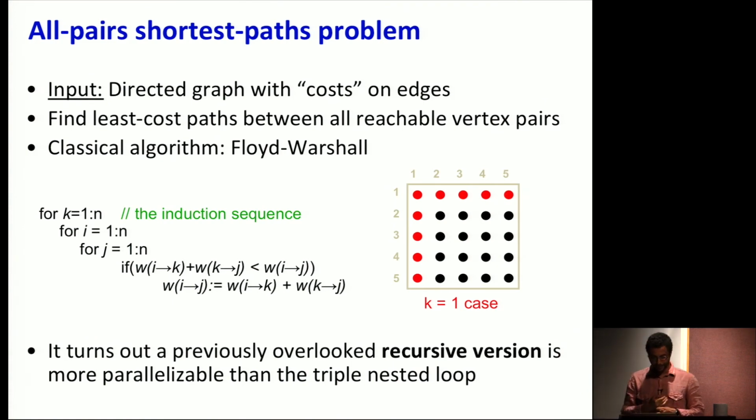At every iteration of k, the outermost iteration, what this algorithm finds is all the shortest paths between every pair of vertices that go through intermediate vertices up to vertex k. So it won't find the shortest paths if they touch vertex k plus 1. That's the induction sequence of dynamic programming, but why this works is outside the scope of this lecture.